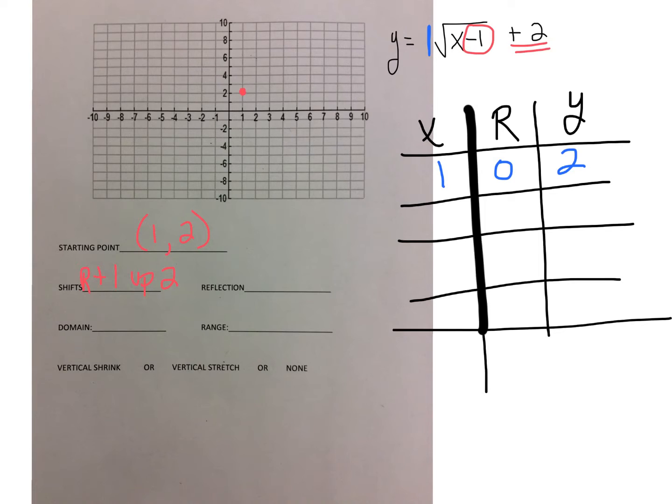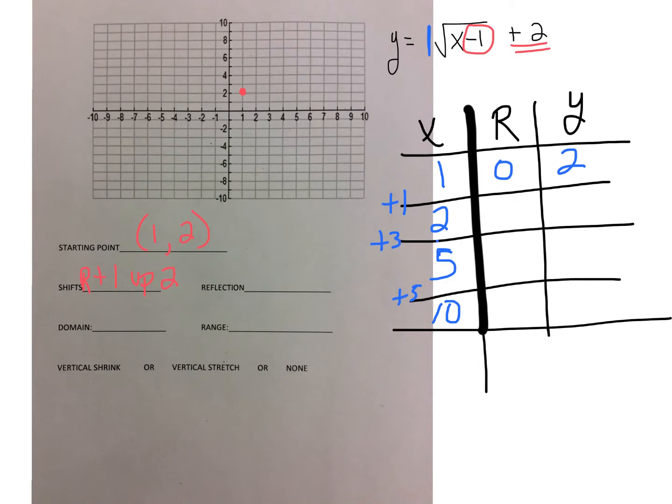So what I'm going to do is add 1 here instead, so I get 2. I'm going to add 3 here, and I get 5. I'm going to add 5 here, and I'm going to get 10. Okay? So there are my pieces.